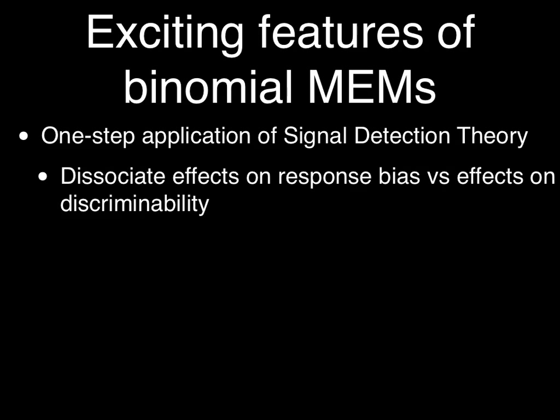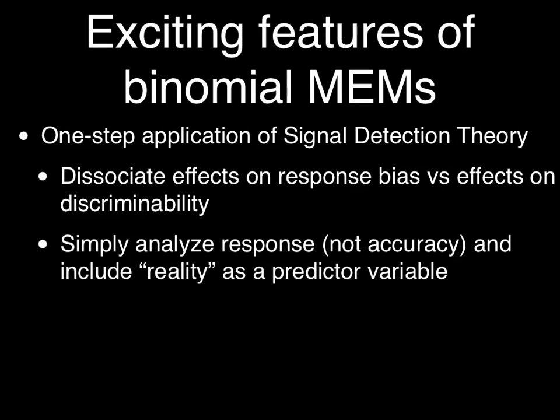In contrast, when you do mixed effects models, you just submit the raw data. Specifically, you make an equation where your analysis is saying, I want to look at what subjects say, so you're predicting response as a function of all your predictor variables, but you also add what reality is.